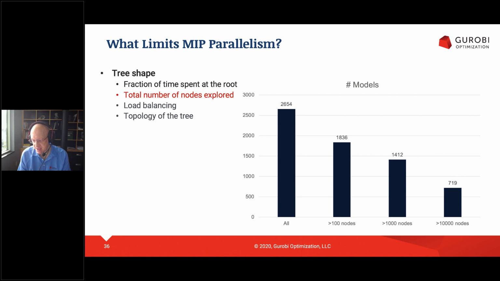And as you can see, the number of models that explore more than 10,000 nodes is just over a quarter of the total models in the set. And so it's not typical to explore a huge branch and bound tree.